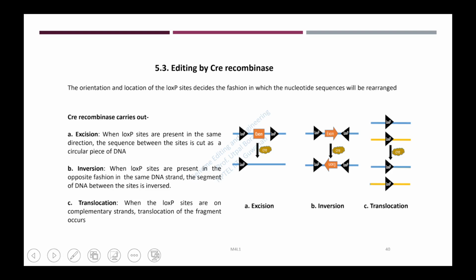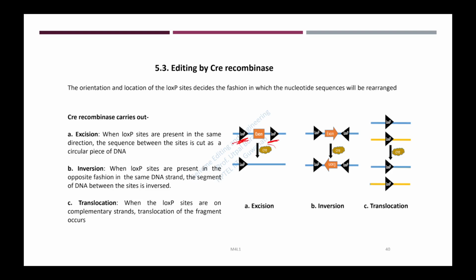Yeah. So last class we also discussed editing by recombinase. As we studied in homologous recombination, you have to provide specific sequences or homology arms. Similarly, this editing by recombinase has some similarity with that. So here, using recombination, you have this LOXP site.